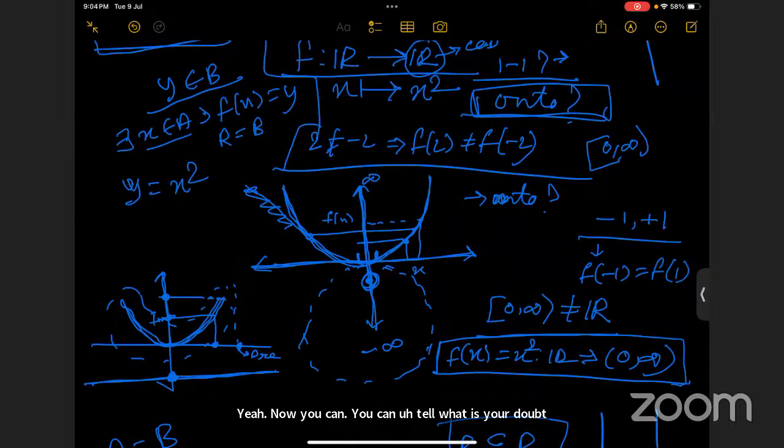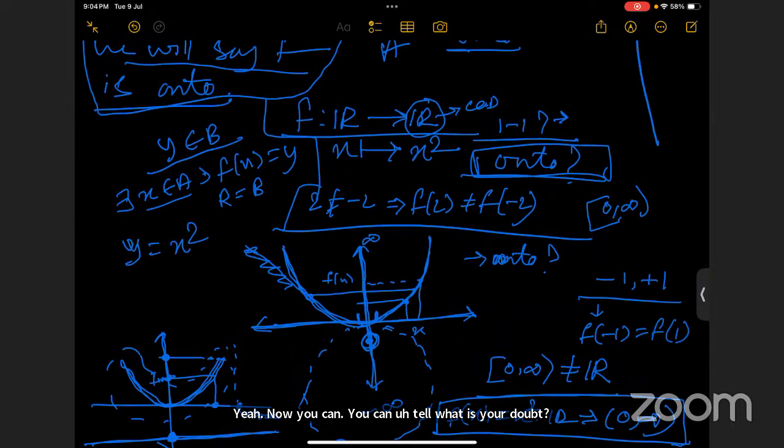Ma'am, if we take a positive real number in the codomain, then put the value x, we get a square: 1 gives 1, 2 gives 4. But what about 3? It is also not in the range.